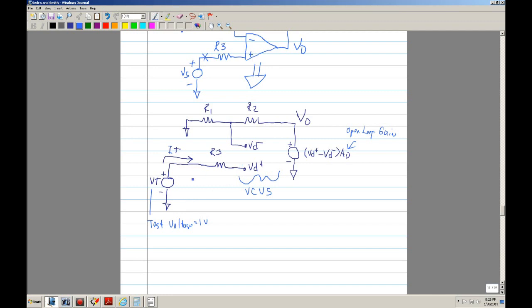So if you can tell right here, you have a voltage, and if you have current flow, you will have current flowing in this direction. However, we said that the input characteristic, or at least looking into the op-amp, is infinity. Let me restate that. We can say that the I bias is equal to 0.